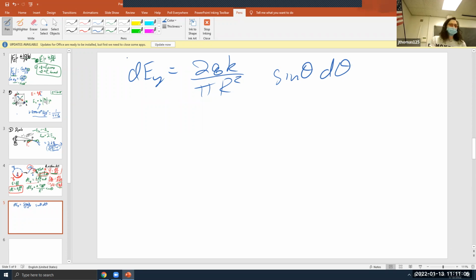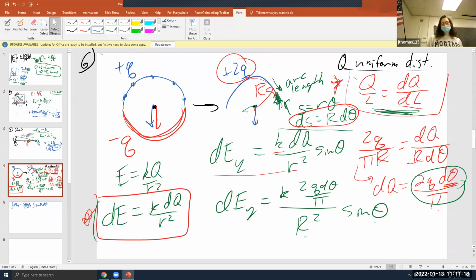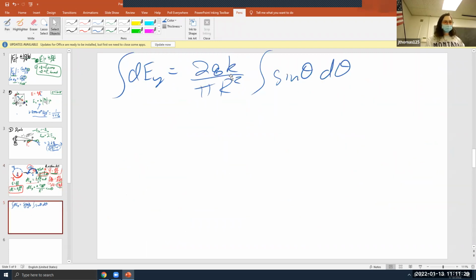And as I said, now we want to integrate it. So if we integrate dE sub y, we're going to recover E sub y, great. And then on the right-hand side, we want to integrate sine of theta d theta. We need to define our limits of integration. The way that we've set this problem up is that we're just integrating over the first and second quadrants right here. So that's from theta equals 0 to theta equals pi. There are other paths we could have taken that would have given us something else, but as long as we input the proper limits of integration, then we're good. And then you just integrate that. What's the integral of sine?